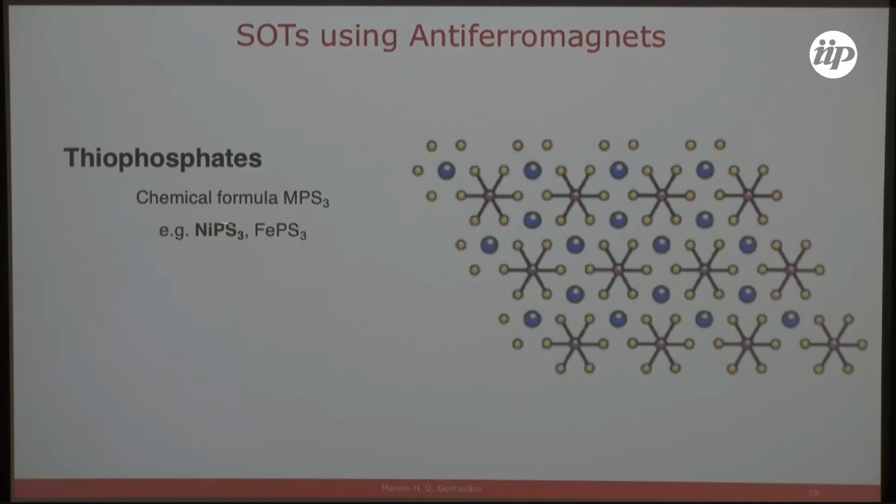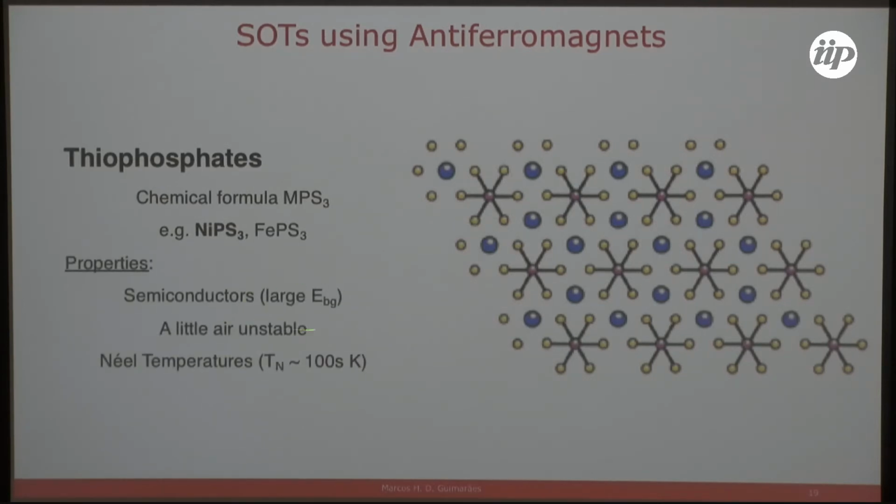Specifically here, we're going to look at nickel thiophosphate, which is nicely exfoliatable, and you can do a lot of stuff. It has a very large band gap, so it's a semiconductor, well, basically an insulator for all purposes. They're a little bit air unstable, but that's okay. But the Néel temperatures are nice and convenient, hundreds of kelvins. So nickel thiophosphate is about 170 Kelvin.